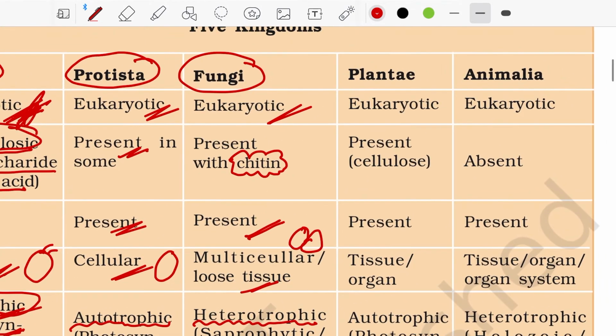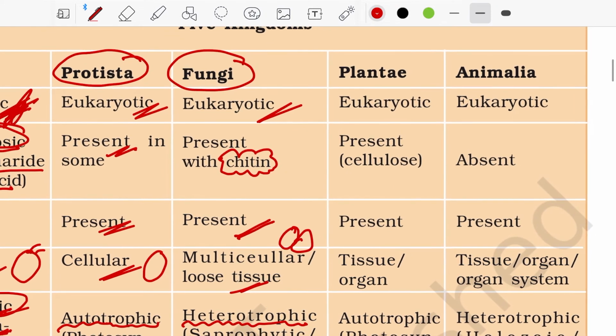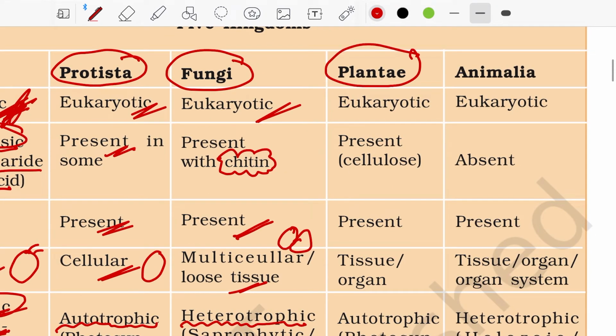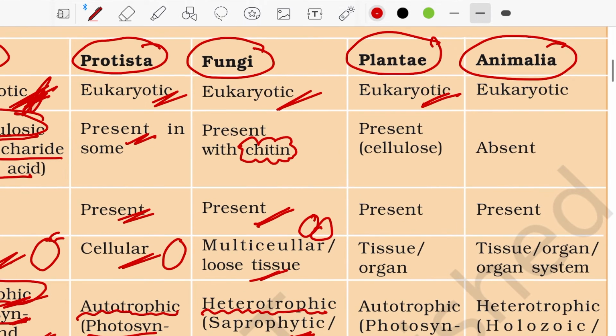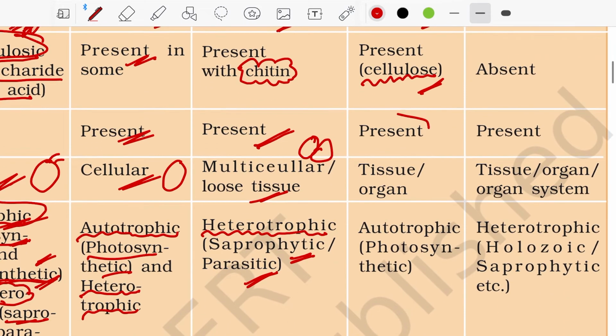Then the other set of classification, as you all know, is Plantae and Animalia. What about Plantae? They are eukaryotic, of course, and their cell wall is present and made up of cellulose. This is really important. The organisms in which the cell wall is made up of cellulose are plants. The nuclear membrane is present, and they have a tissue or organ system level of organization.